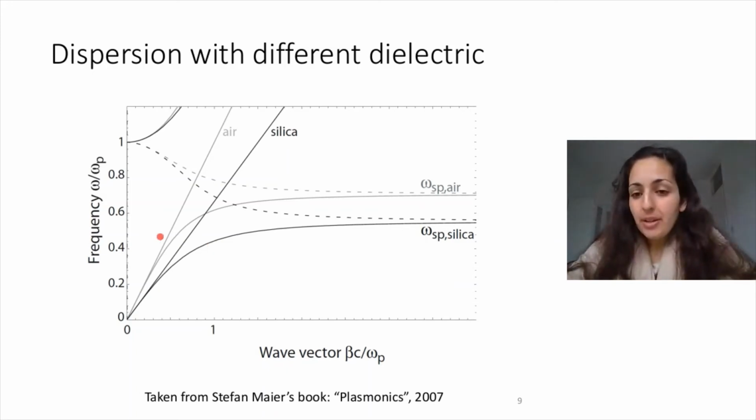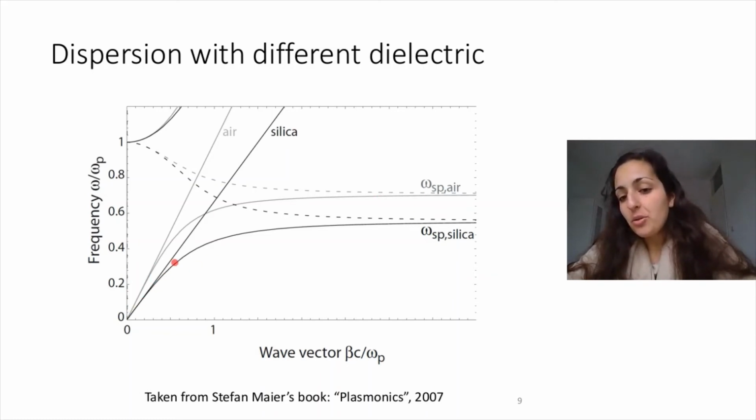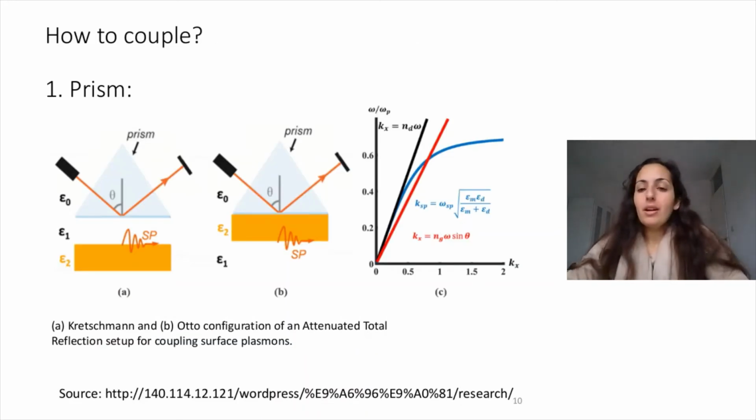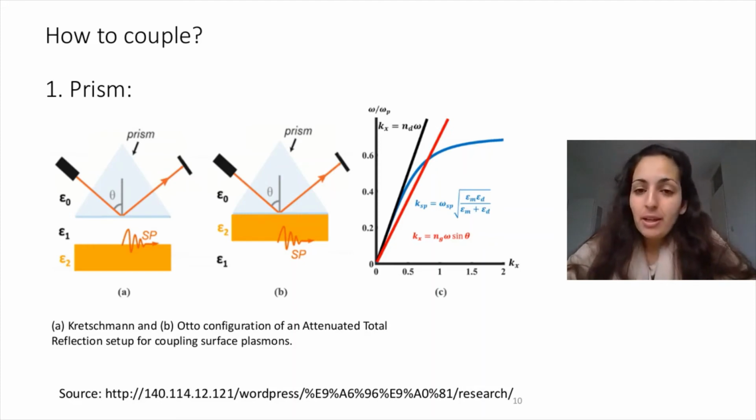Depending on whether it's air or silica on top, our dispersion relation will look slightly different, and we will have either this branch that is close to the silica light line, or this branch that's close to the air light line.